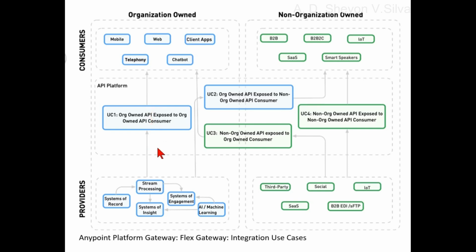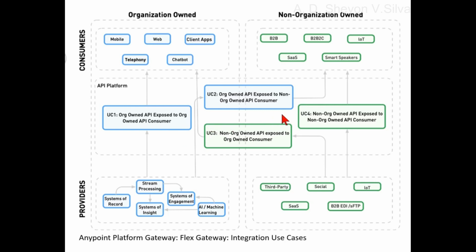Pattern 3, organization external API exposed to an organization internal consumer. Role of the Flex Gateway is egress. Pattern 4, organization external API exposed to an organization external consumer. Role of the Flex Gateway is ingress and egress.